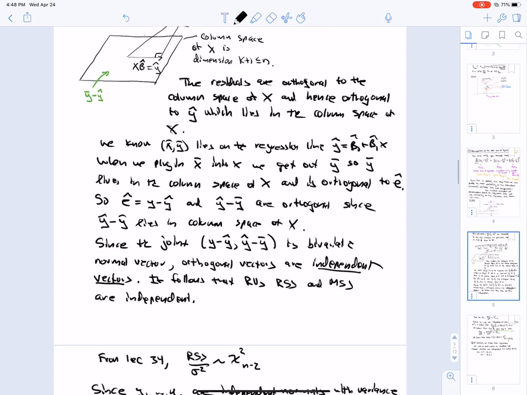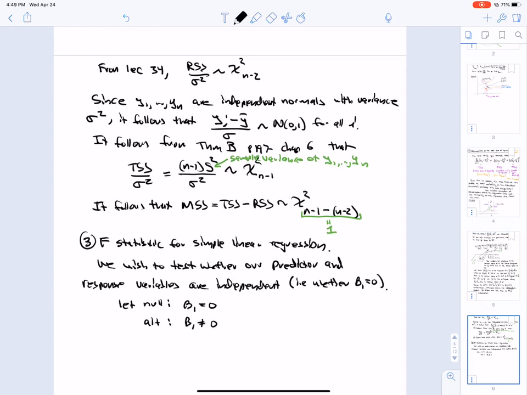And since the joint y minus y hat, y hat minus y bar is a bivariate normal vector, orthogonal vectors are independent vectors. So it follows that the random variables RSS and MSS are independent.